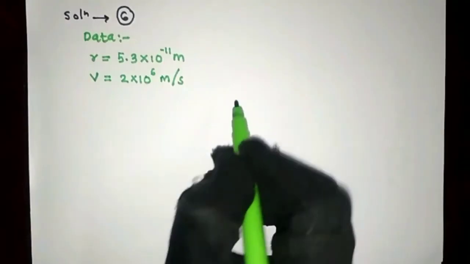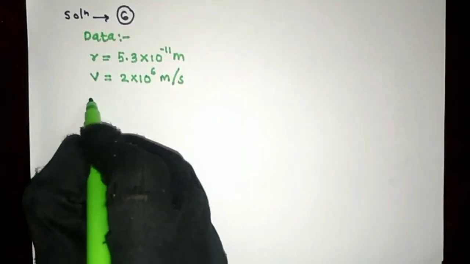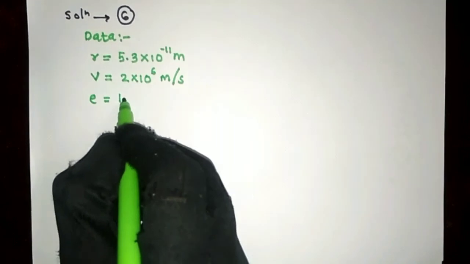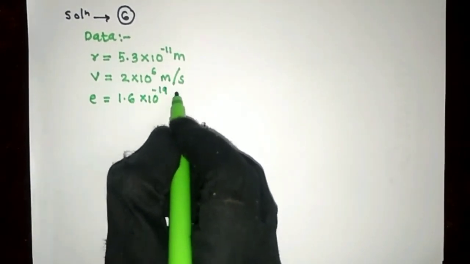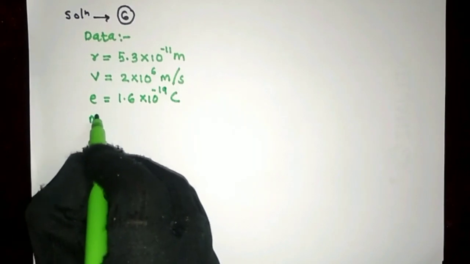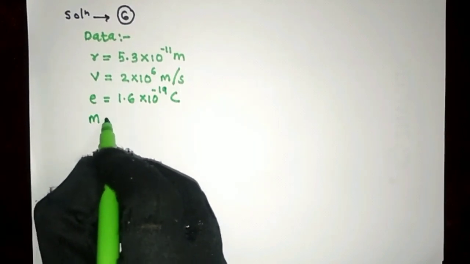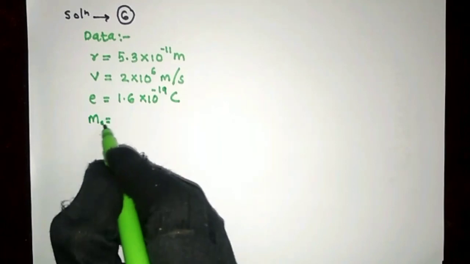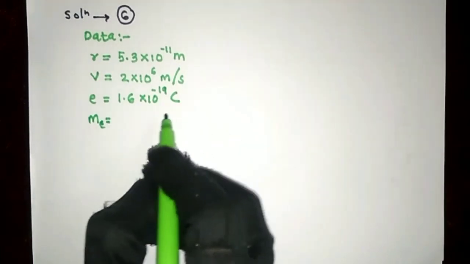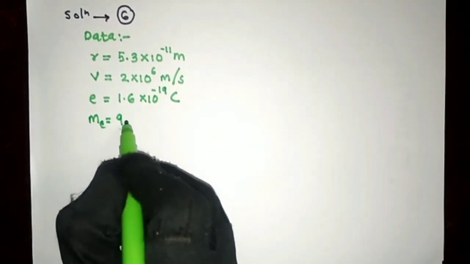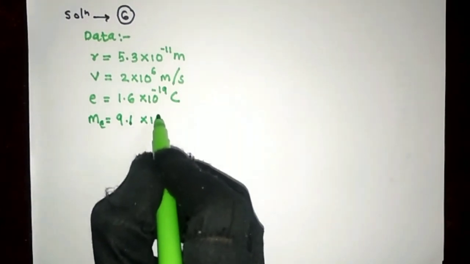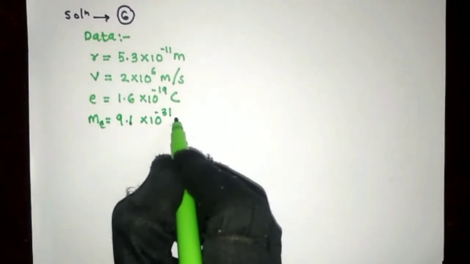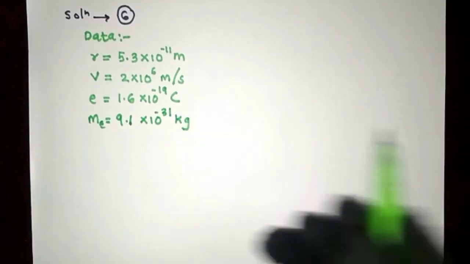Then the charge on the electron, that is e, is 1.6 into 10 raised to minus 19 coulomb, and the mass of the electron, that is m e, is given as 9.1 into 10 raised to minus 31 kilogram.